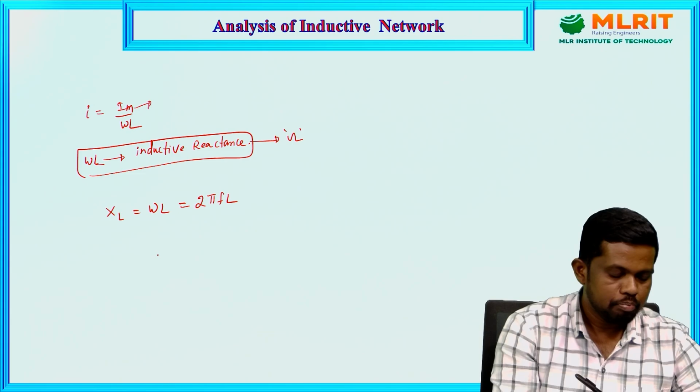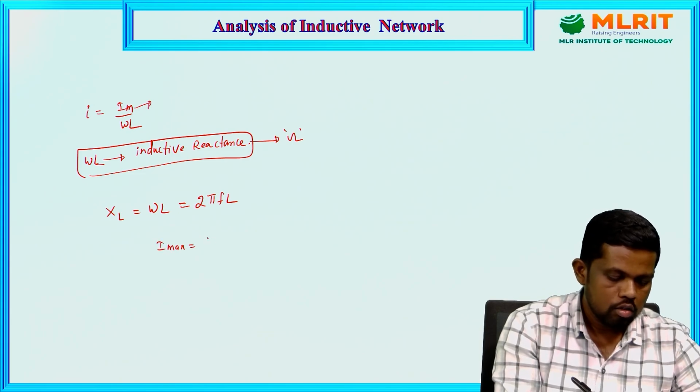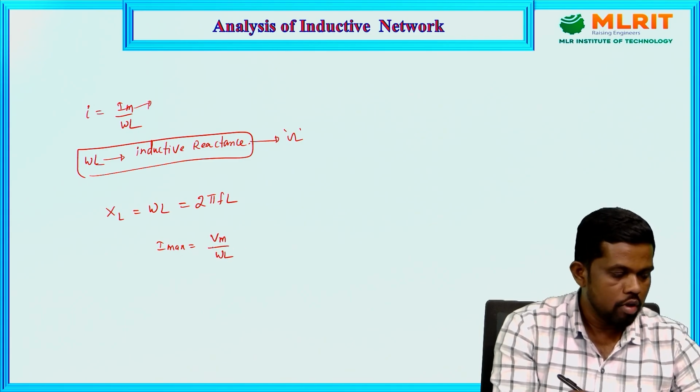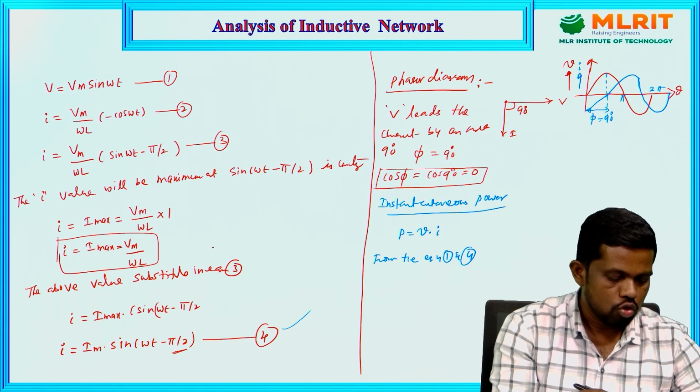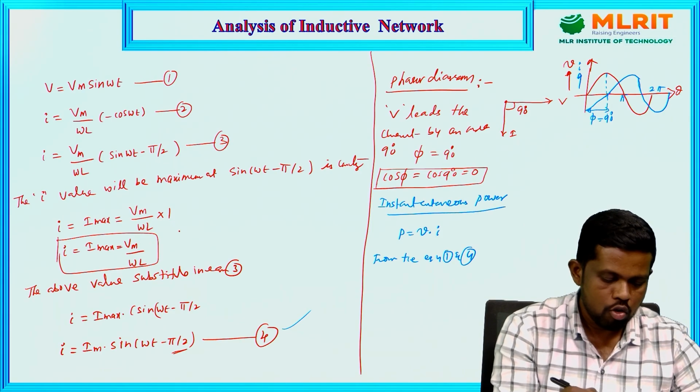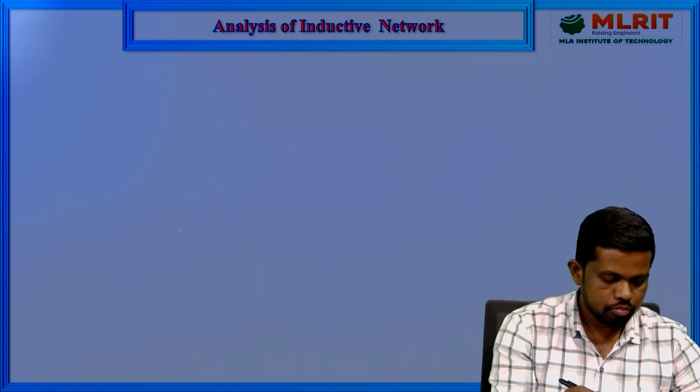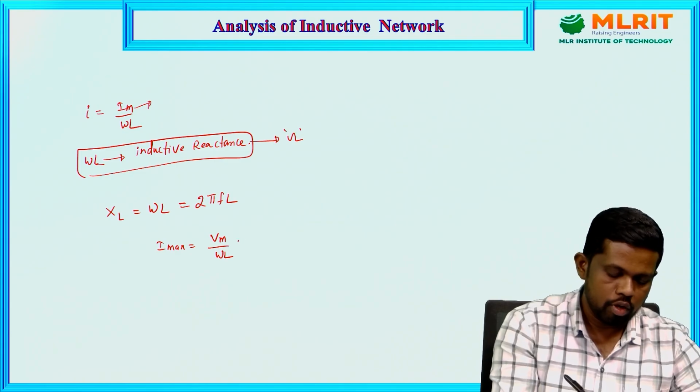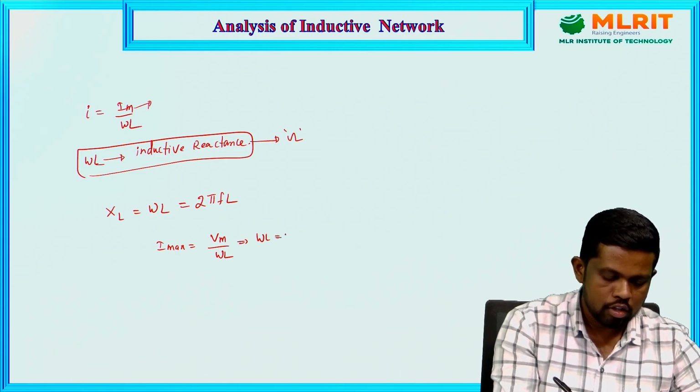From this term, Imax equals Vm by omega L. The same value, we can write omega L as XL.